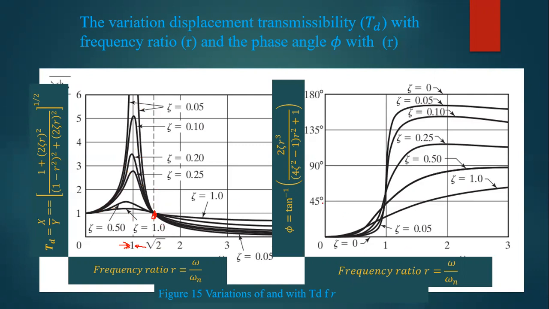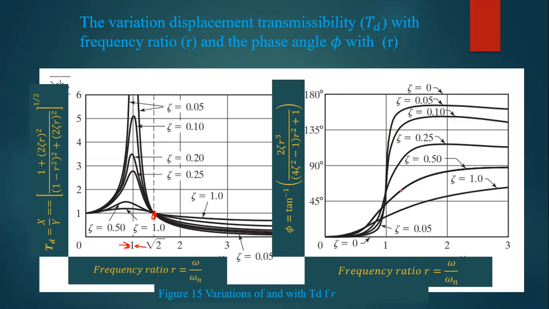And another is the phase angle phi versus the frequency ratio. The phase angle phi goes from 0 to 180, and the frequency ratio from 0 to about 3 or some other number. So we can see this type of curve in relation to the damping.